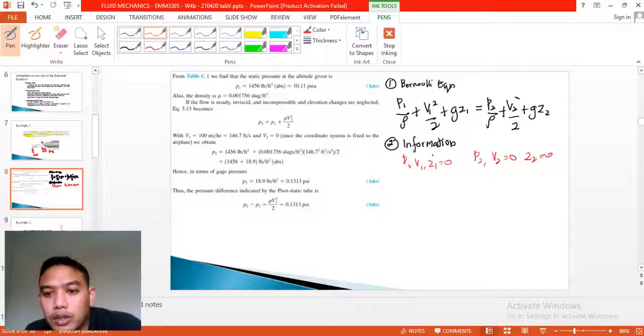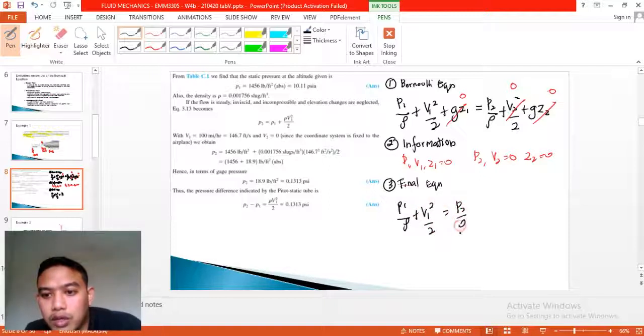So when we come back to the Bernoulli equation, Z1 is equal to 0. On your right side, V2 is equal to 0 and Z2 is equal to 0. The third step is the final equation. It should be P1 divided by rho plus V1 squared divided by 2 is equal to P2 divided by rho.